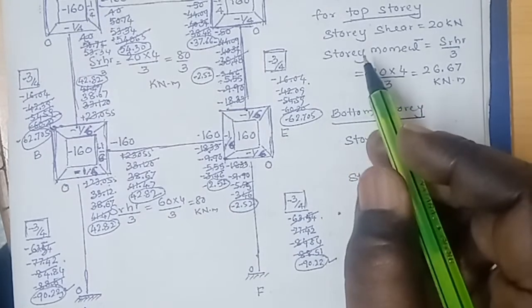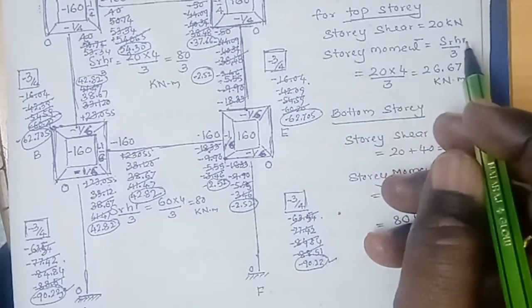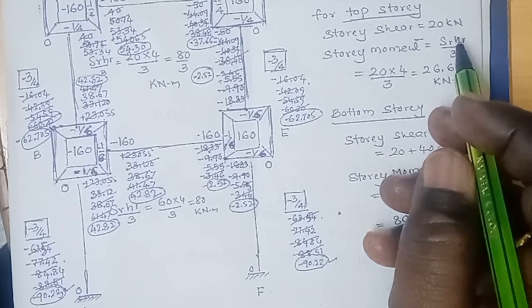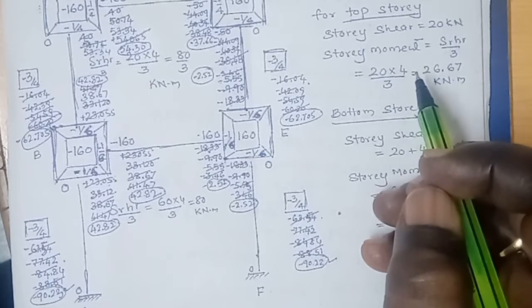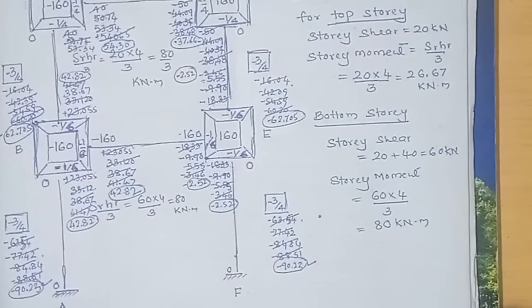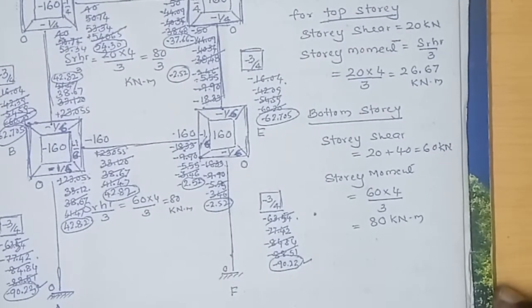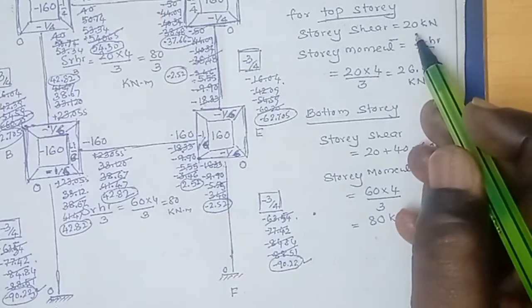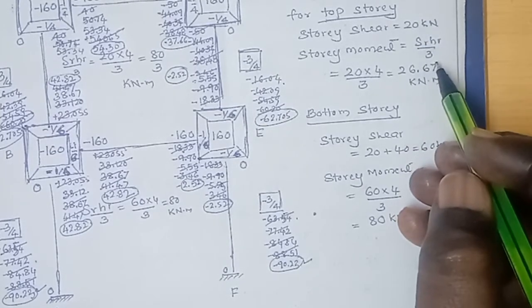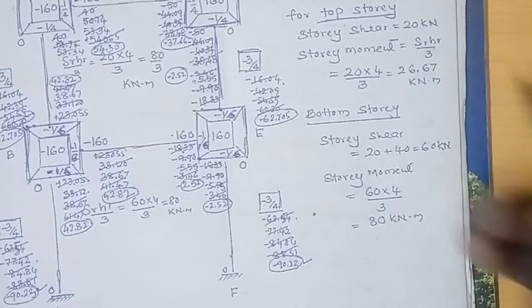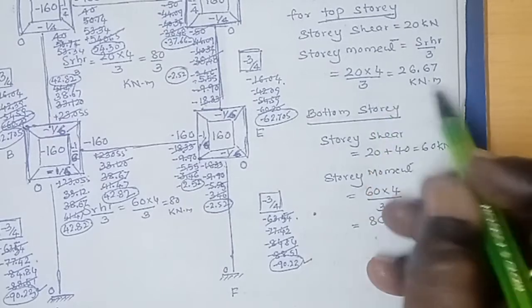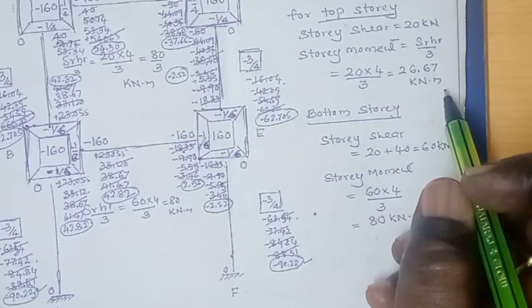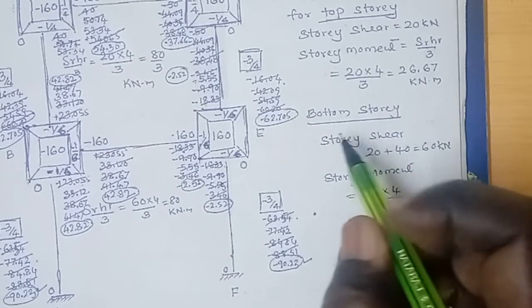Then the story shear for that story is 20 kilonewton. Then the story moment is given by SR HR by 3, where SR is the story shear, just now calculated, that is 20. HR is the height of the story under consideration, that is 4 meter, divided by 3. Here you will get 20 into 4 by 3, that is 26.67 kilonewton meter.